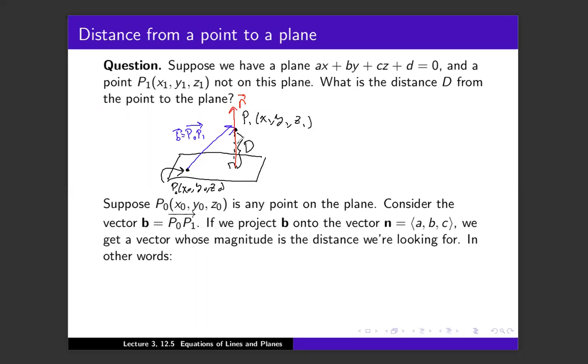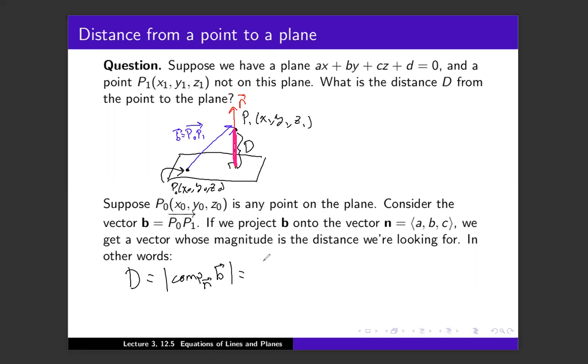What are we going to do? We're effectively projecting for finding this distance. That's what we're doing. We're projecting the vector b onto n and finding this distance as a result. So in other words, it turns out that this distance is the magnitude or the absolute value of the scalar component of b onto the vector n.